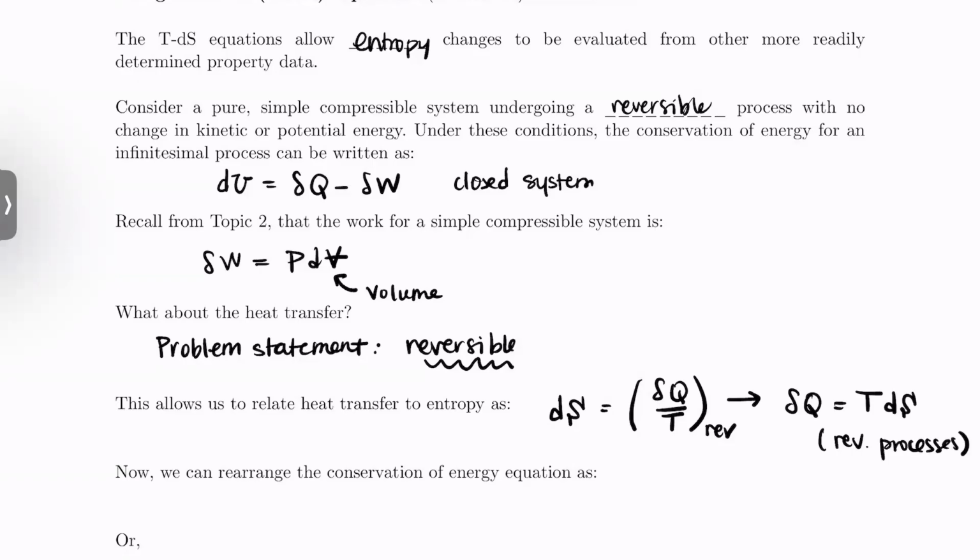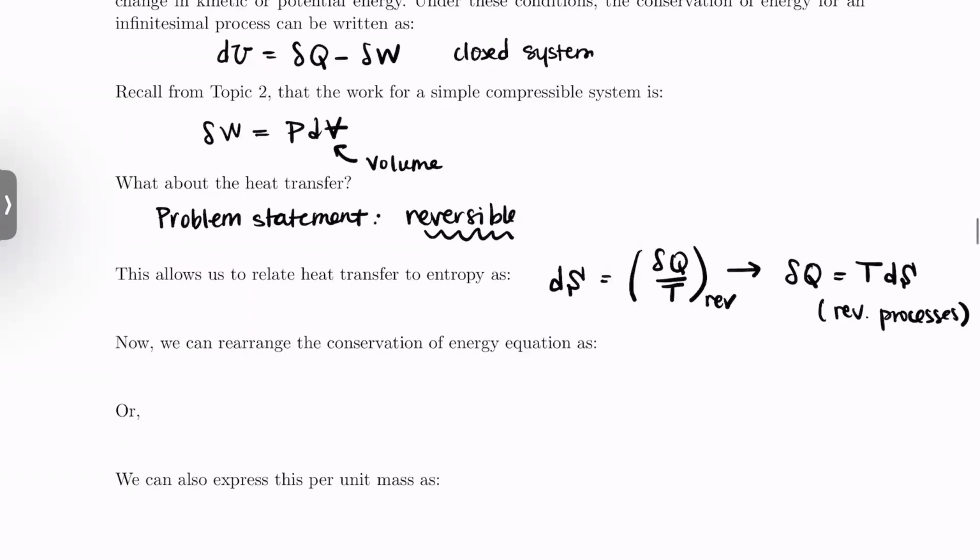All right. So that means I can rewrite my equation in the following way. So I can say du is equal to T ds minus P dV. So all that I've done here is I've taken this dq term and I am putting in this substitution.